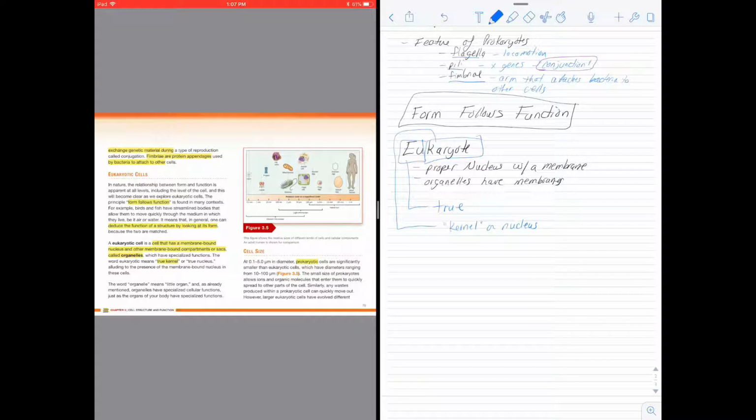Now, what's an organelle? So I've got the word organelle, and it means little organ. So right here, I'm going to keep with my blue for definitions, and this means little organ. They all have specialized cellular functions, so I'm going to put that over here.